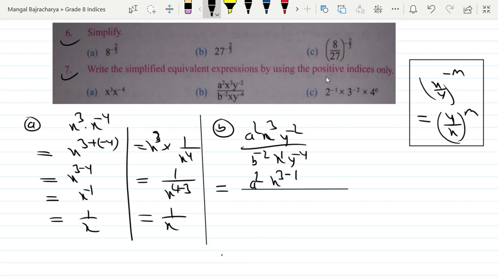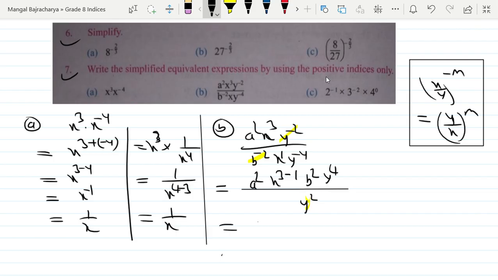Then b power minus 2, we see negative, so let's bring it above. Then let's deal with y power minus 2 and y power minus 4. Y power minus 2 you see negative but it's above in the numerator, so bring it down to turn it positive. And y power minus 4 you see down, so bring it above to turn it positive.